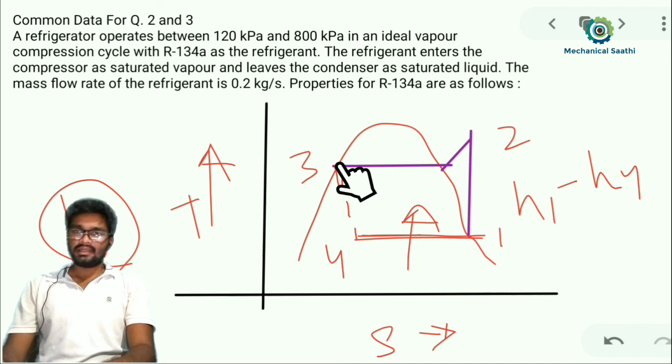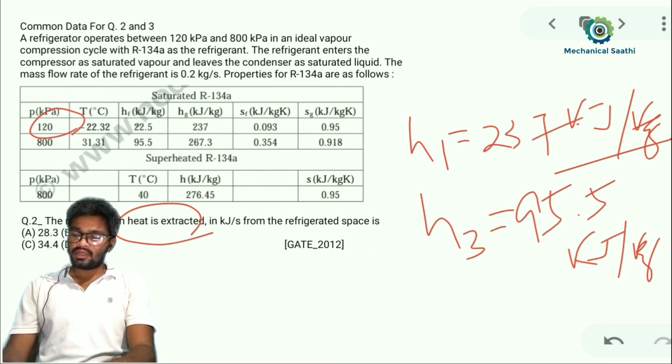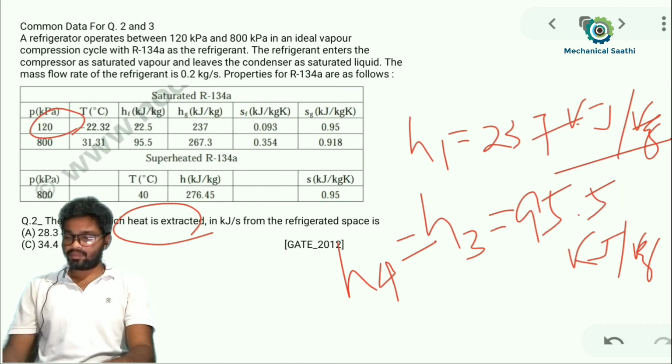As we know, this is a constant enthalpy process, so the enthalpy at point 3 will be equal to the enthalpy at point 4. H3 equals H4, so whatever value we got here is H4. Already we have found H1 as 237 kilojoule per kg, and H4 we just calculated as 95.5 kilojoule per kg.